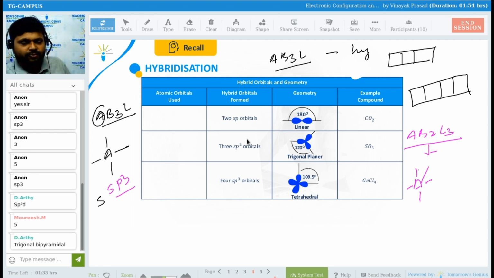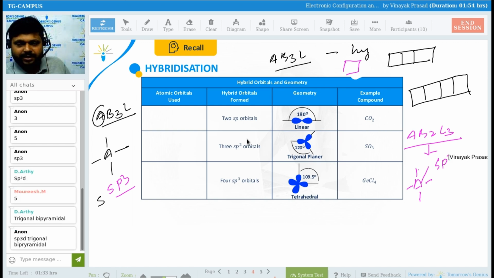So 5 bonds will be accommodated in what? 1s will be there for 1 bond. 3 bonds will be for P. So SP, so 4 is there. So 1 will be taken from D. So can't it be SP3D? SP3D, trigonal bipyramidal. Yes. Trigonal bipyramidal.